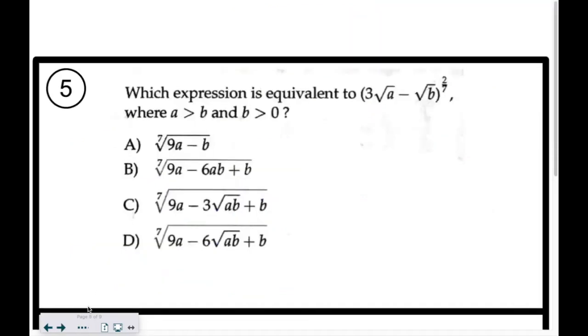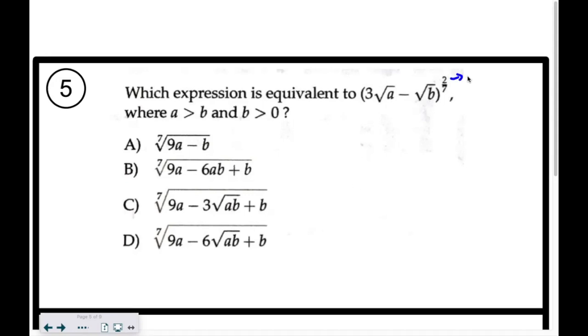All right, moving on to number 5. All right, so for this one, we're looking for just kind of the understanding of how to change from rational exponents to radical form.